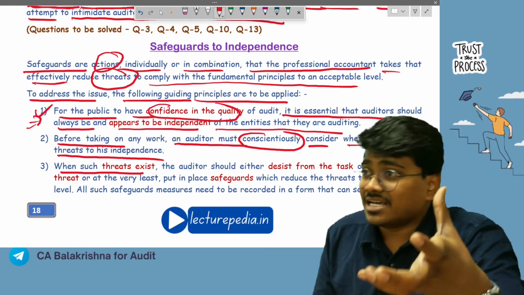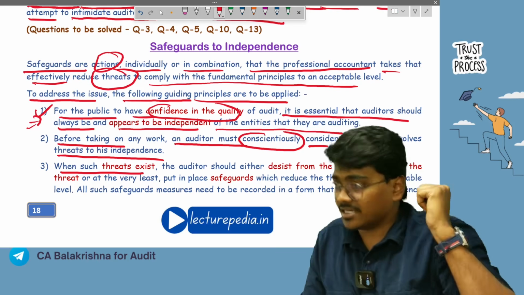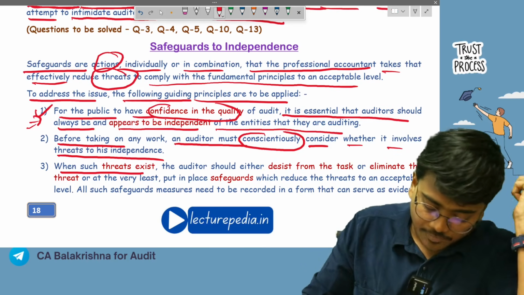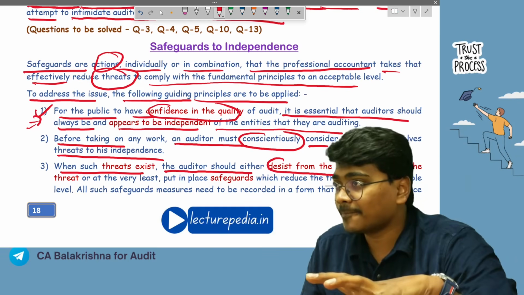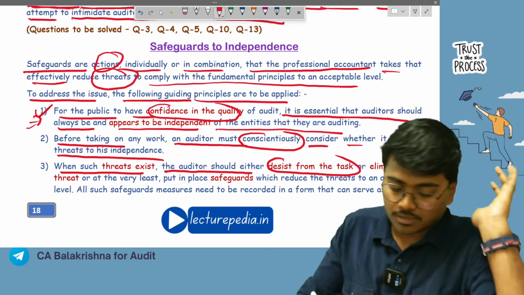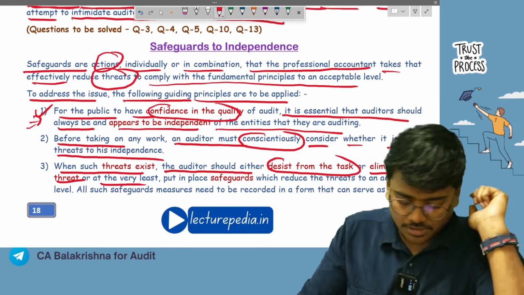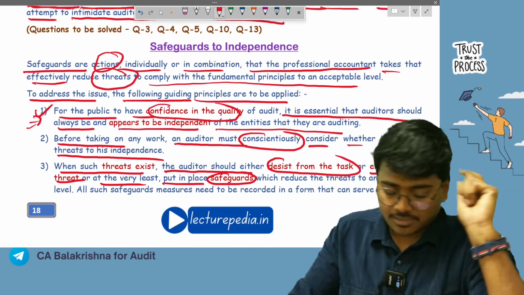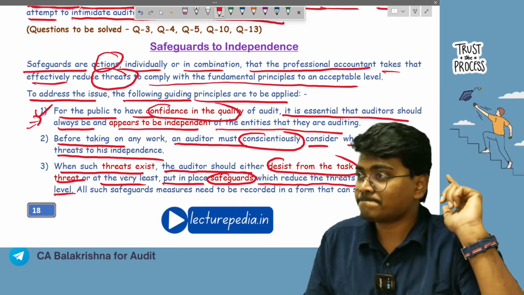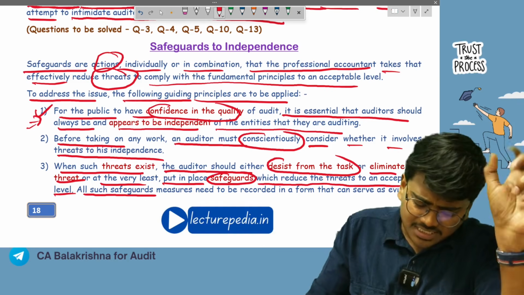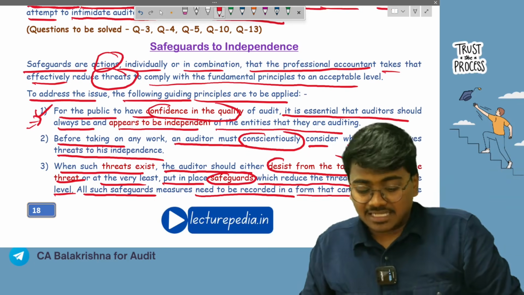When such threats exist, the auditor should either desist from the task, desist meaning not to accept the task, or eliminate the threat, or at the very least put in place safeguards which reduce the threat to an acceptable level. Got it? All such safeguard measures need to be recorded in a form that can serve as evidence.